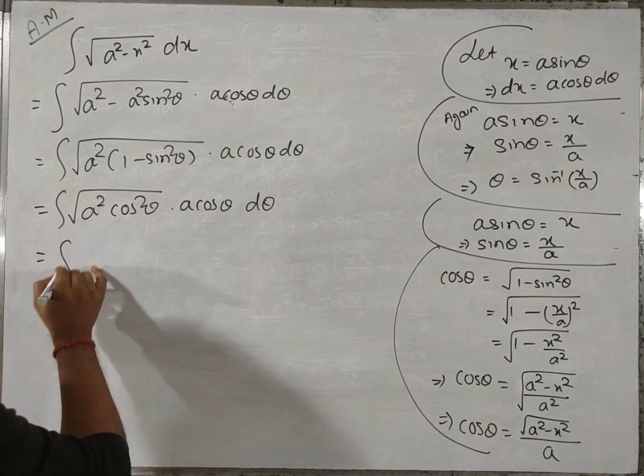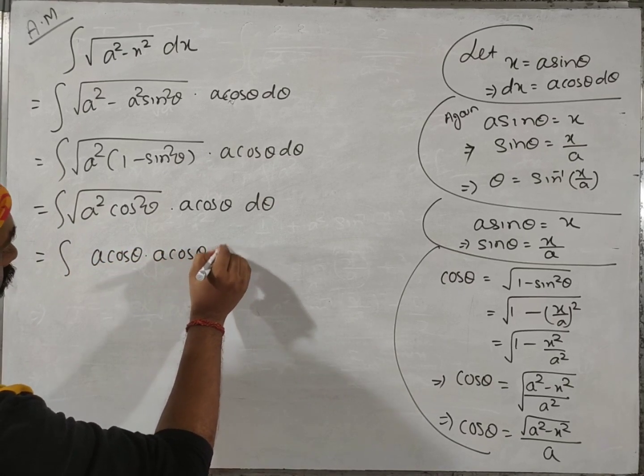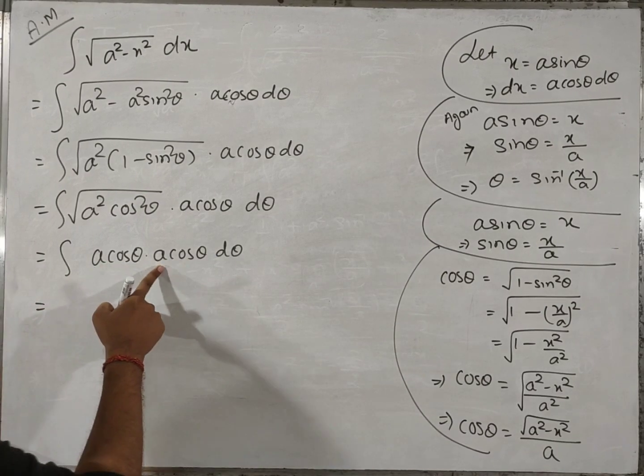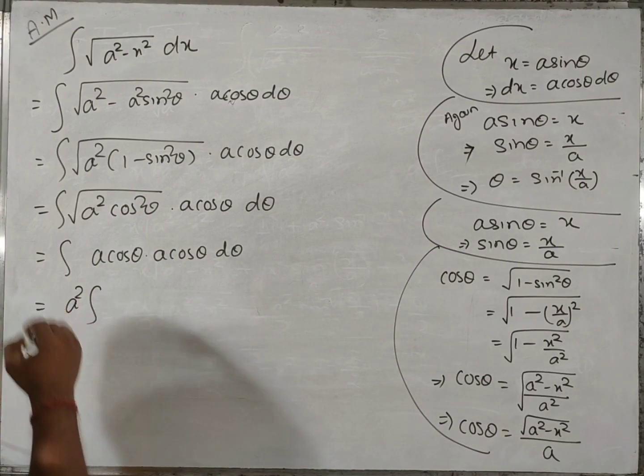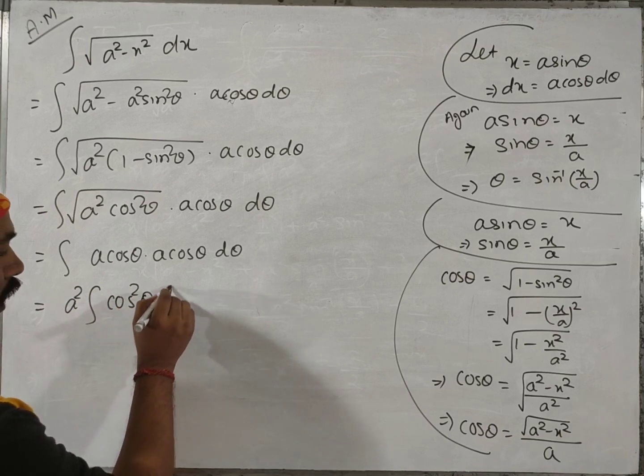Now simplifying, we have a cos theta multiplied with a cos theta d theta. Then a into a, it is a square, which is taken outside of the integral, so it will be a square multiplied with the integral of cos square theta d theta.